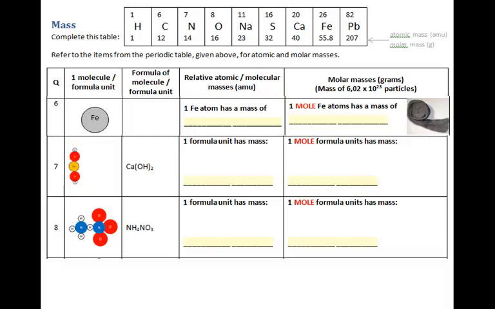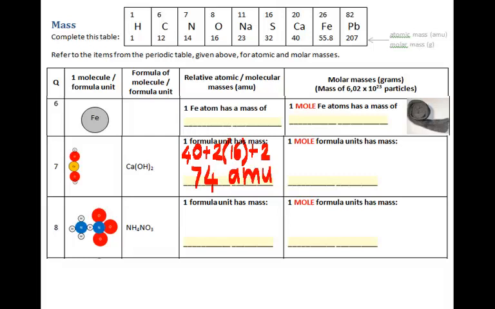So this 1 formula unit has a mass of 40 atomic mass units for the calcium there, plus 2 times 16 for the 2 O's, again atomic mass units, plus 2 times 1 for the H's. That's 40 plus 32 plus 2 is equal to 74. And remember, this is referring to one formula unit, atomic mass units.